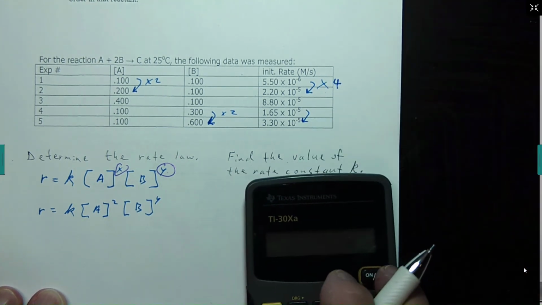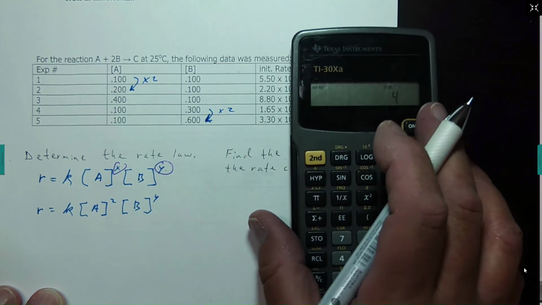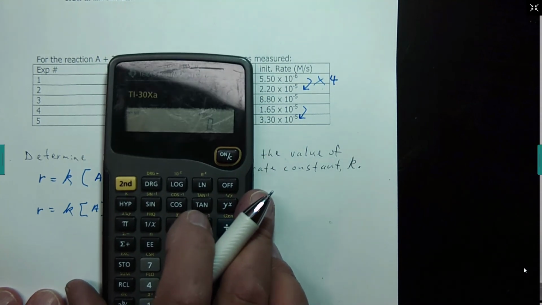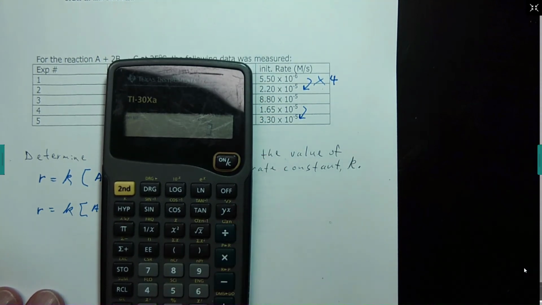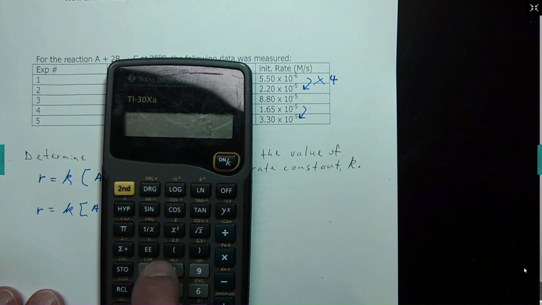Well, 3.3 times 10 to the negative fifth divided by the other rate, 1.65 times 10 to the negative fifth, is 2.